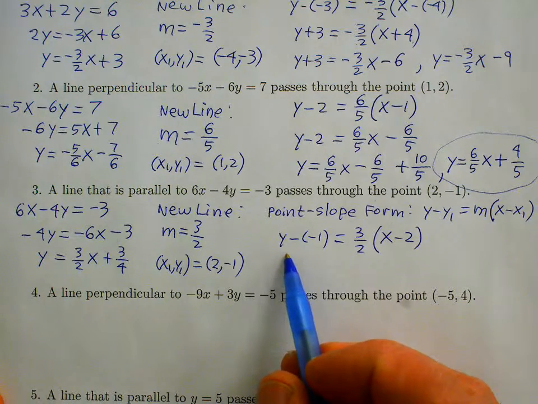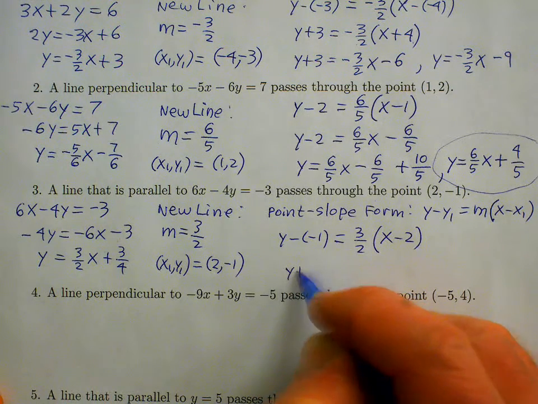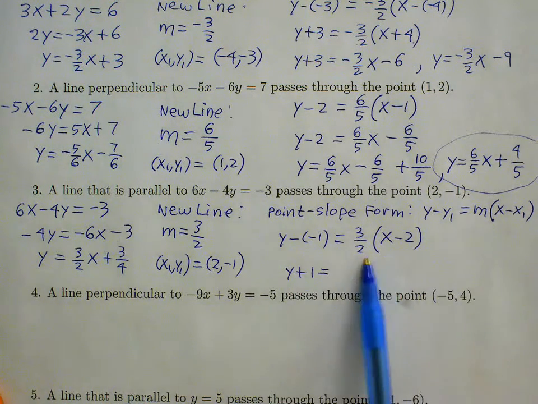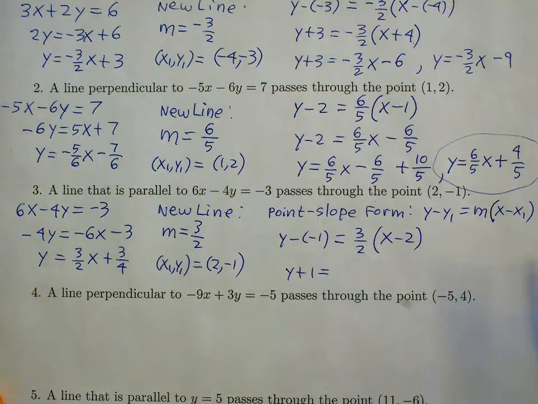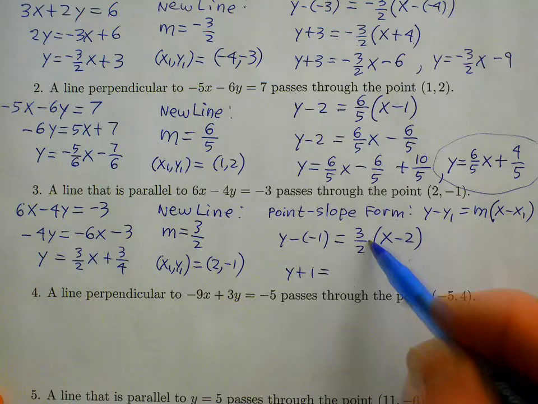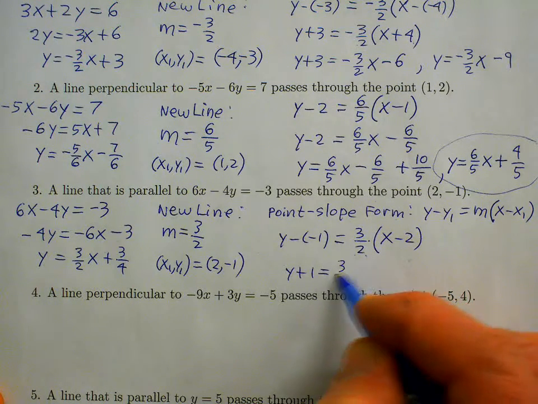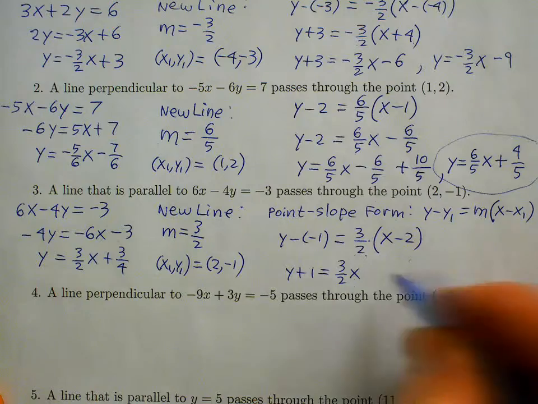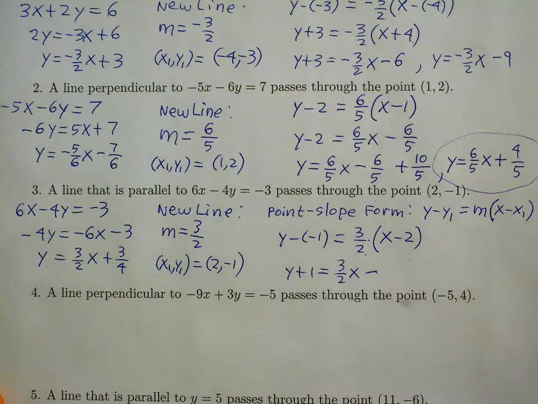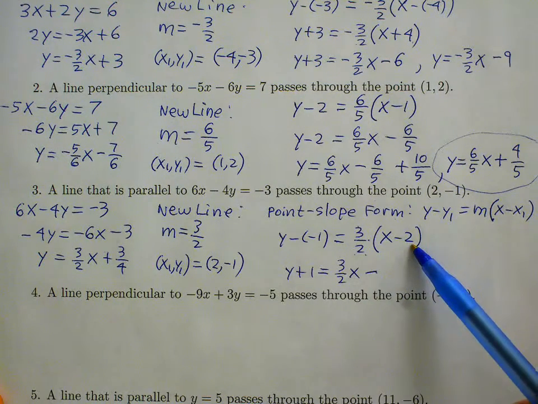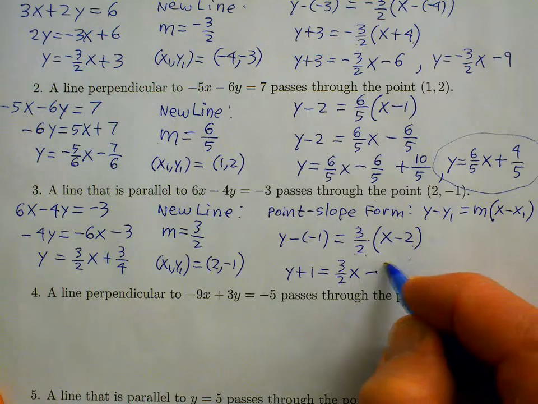So y minus negative 1 is y plus 1. And we'll go ahead and distribute multiplication over x minus 2 by 3/2. So on the right-hand side, we get 3/2 times x, and then minus 3/2 times 2 simplifies to minus 3.